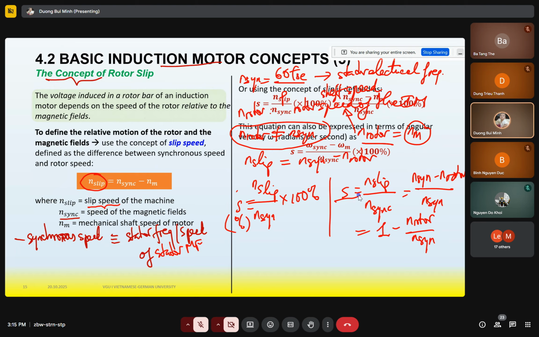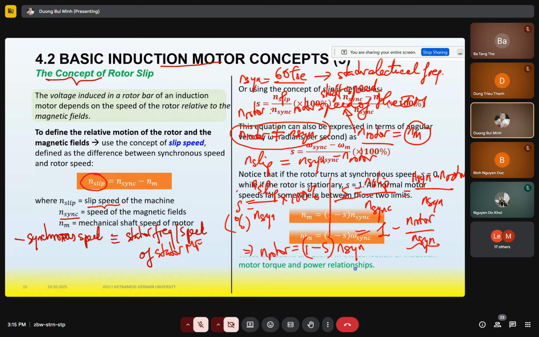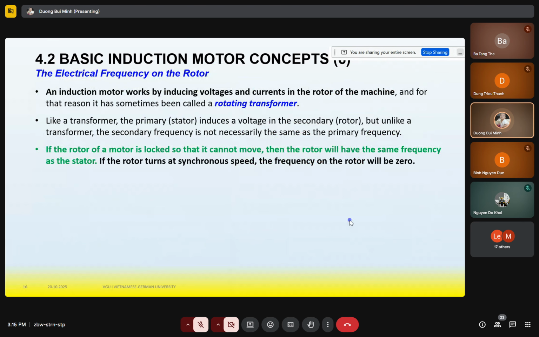We modify it a little: moving this term to the other side, n_rotor is (1 minus S) times n_sync. So n_m or n_rotor is (1 minus S) times n_sync. Okay, now summary.